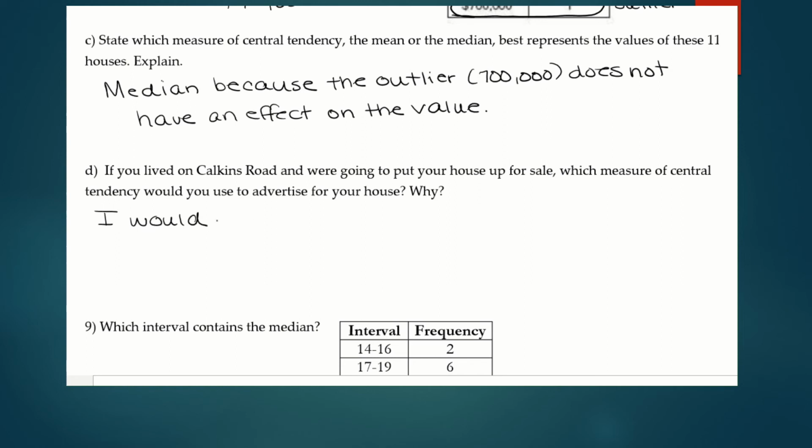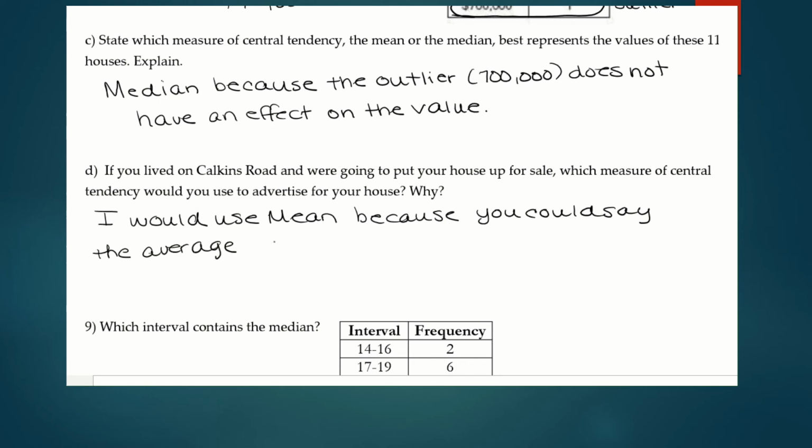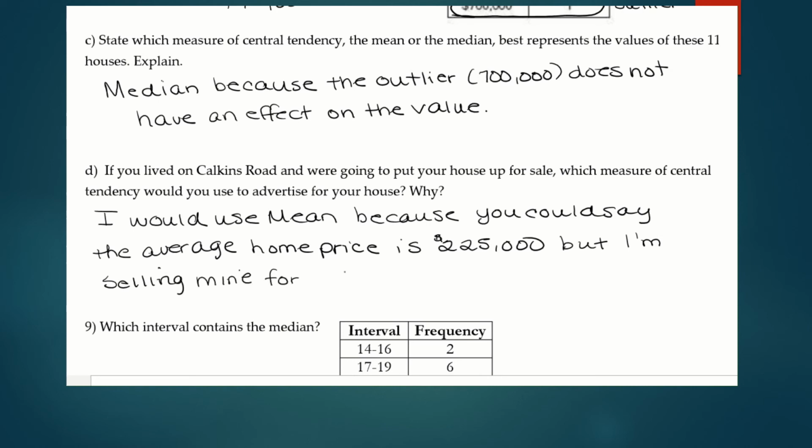So I would use the mean because you could say the average home price is $225,000, but I'm selling mine for well below the average.